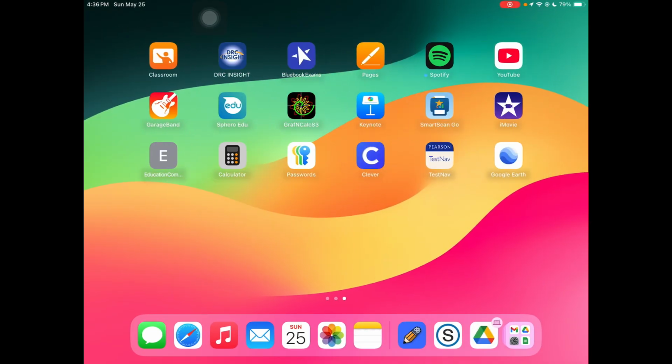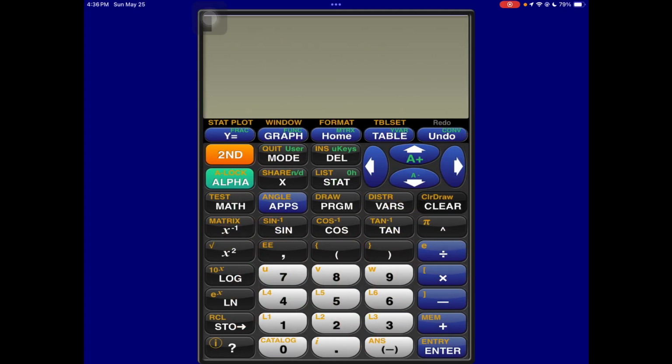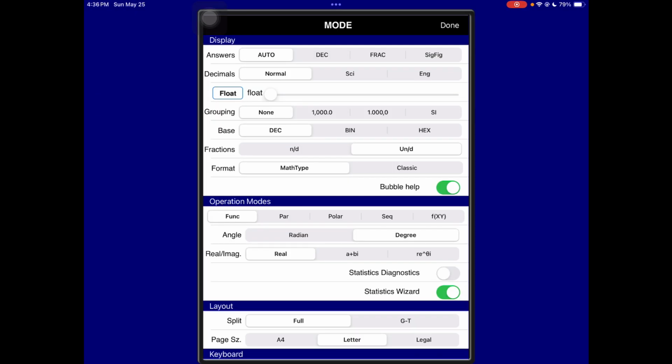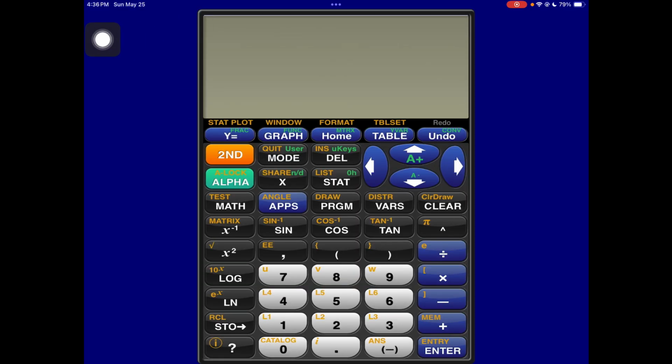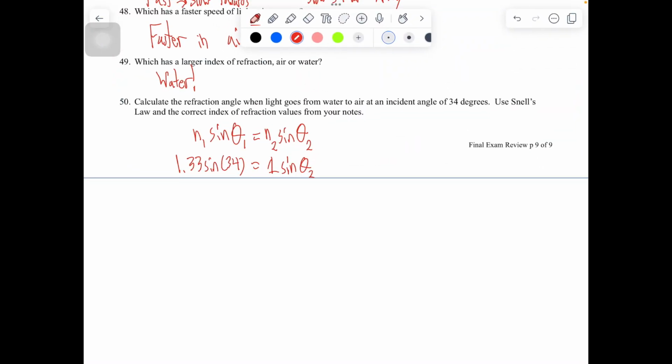First, let's clear this. Make sure you're in degree mode. If you're in radians, you're going to get the wrong answer. Our angle, sine 34, gives us this ratio, multiplied by 1.33, 0.74. That's what we get on our left-hand side. This is just a number. Equals, well, we have our 1, that's going to drop out.